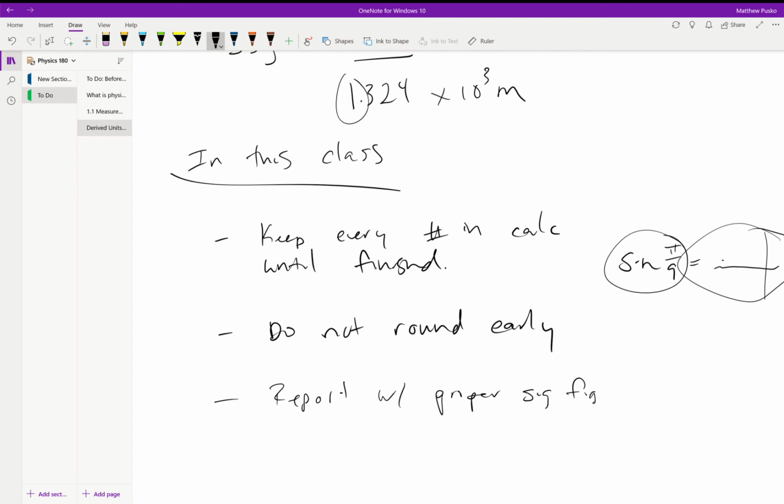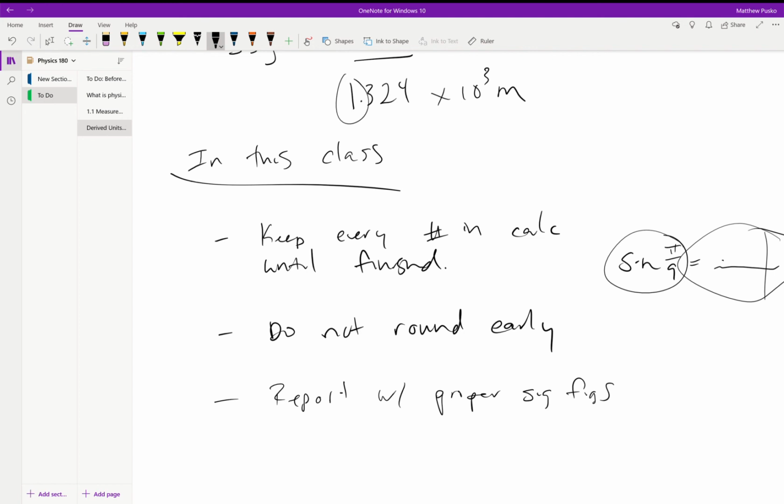I don't believe our book even has a good section on significant figures. It does. It's on page 4. It's pretty short though. Go ahead and take a look at it. Generally, we report 3. Sometimes you report 2.